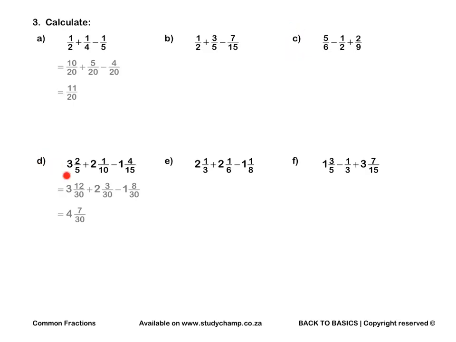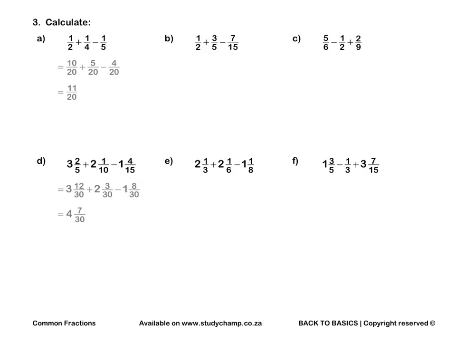Question D, now we have mixed numbers. If we look at our fraction parts, the lowest common denominator is 30. So we have 3 and 12 30ths for that one, plus 2 and 3 30ths, minus 1 and 8 30ths.